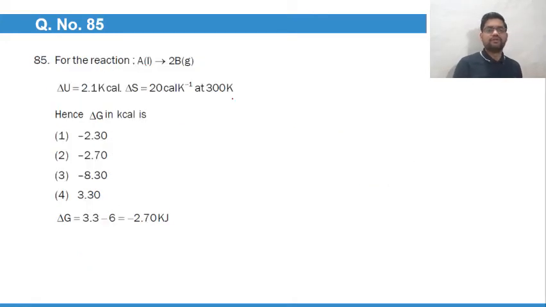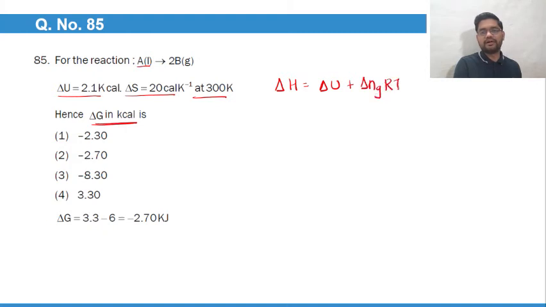85. For the reaction A liquid gives 2B gas, delta U is this, delta S is this. At 300 Kelvin, we need to calculate delta G in kilocalories. See, delta H can be calculated as delta U plus P delta V. But since we do not have P delta V, what we can use is delta Ng RT.